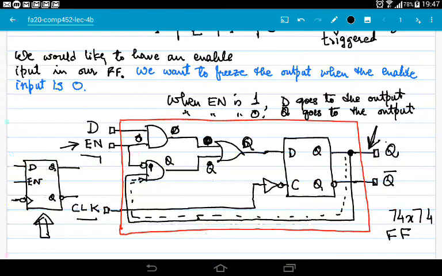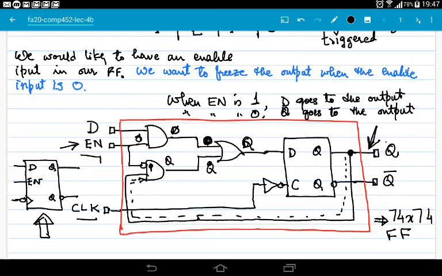Yeah, it is 74X74. So this is correct. It's a TTL flip-flop. Now I don't know whether it's positive edge triggered or negative edge triggered. I think it's a positive edge triggered D-type flip-flop. And actually the IC contains 2 flip-flops, not 1.